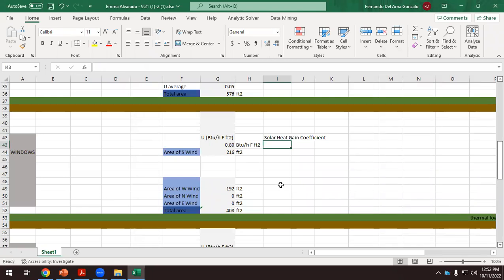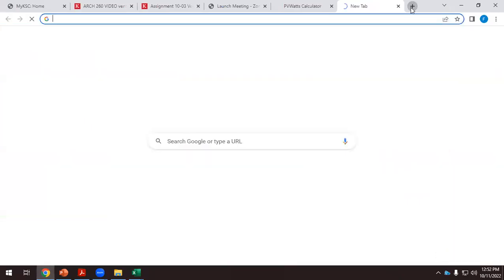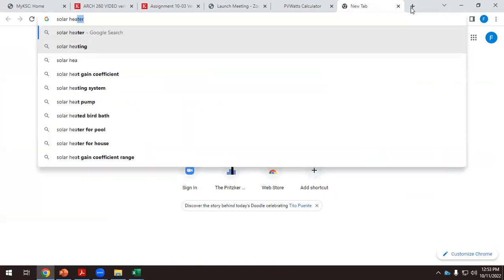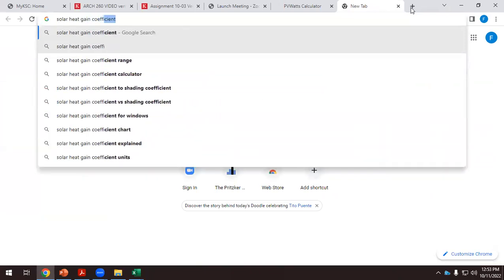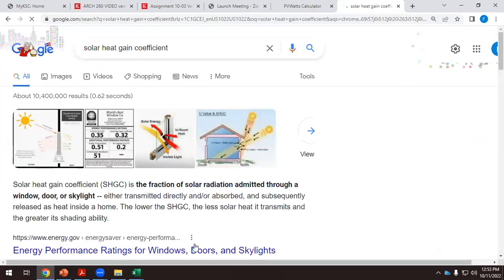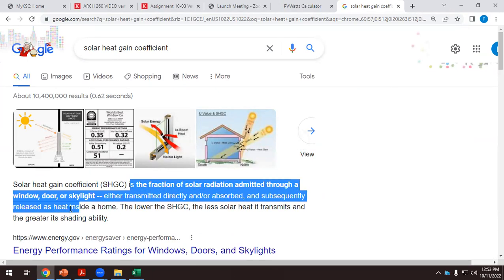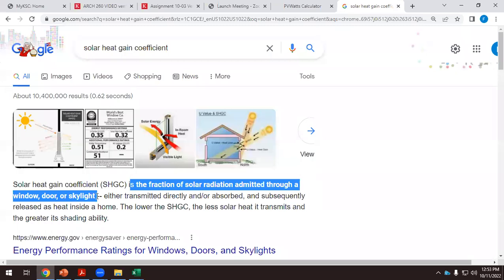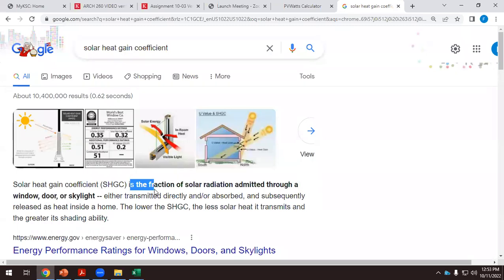What is the solar heat gain coefficient of a window? The solar heat gain coefficient is the fraction of solar radiation admitted through a window, door, or skylight. Okay, so it's the amount of solar radiation that enters the building.